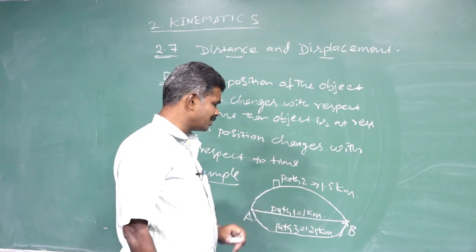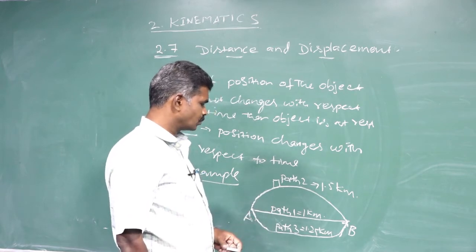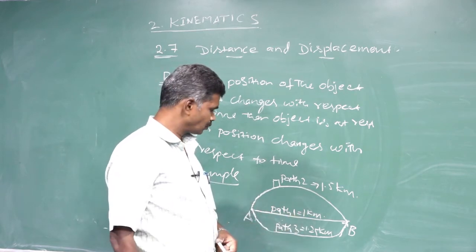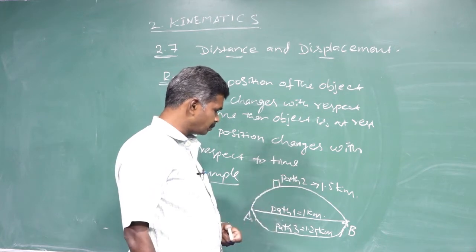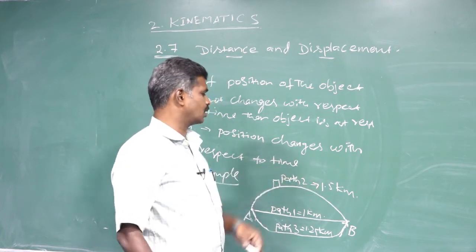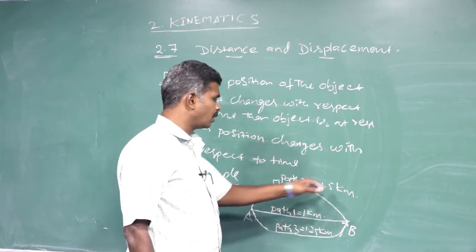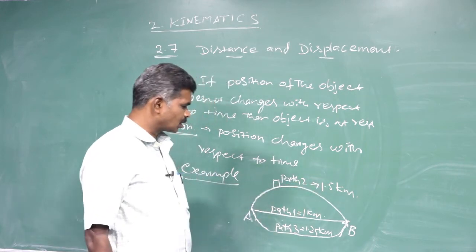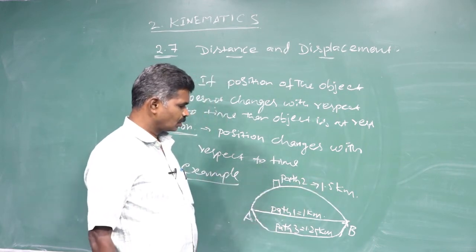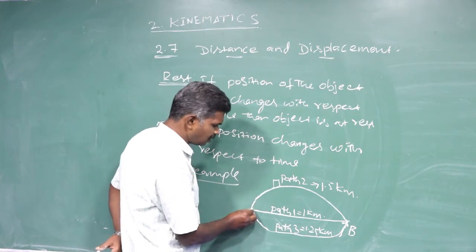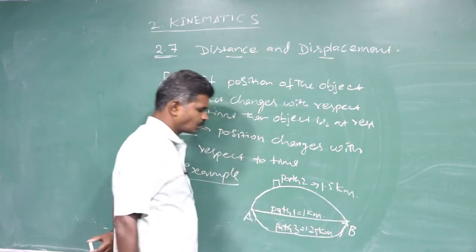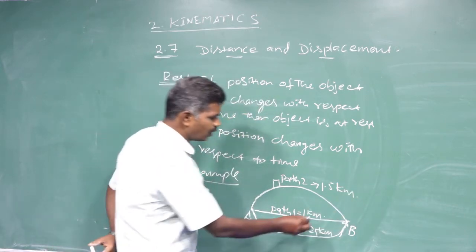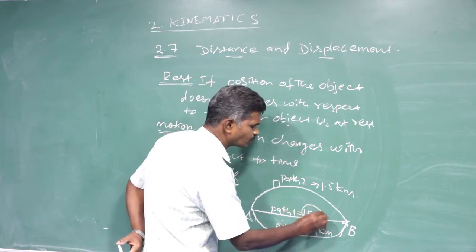The first path may be the shortest path, that is 1 kilometer. The second path may be a somewhat larger distance, that is 1.5 kilometers. The third path we have, and suppose he is traveling in it.